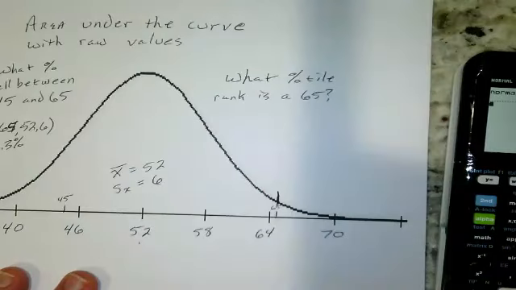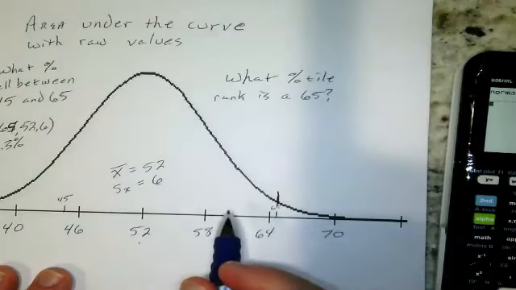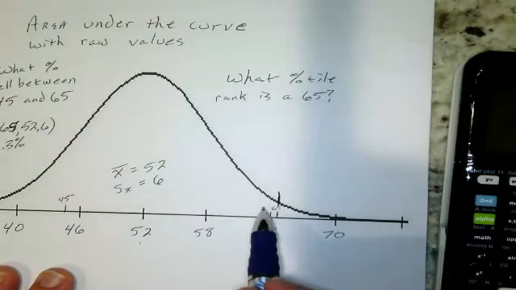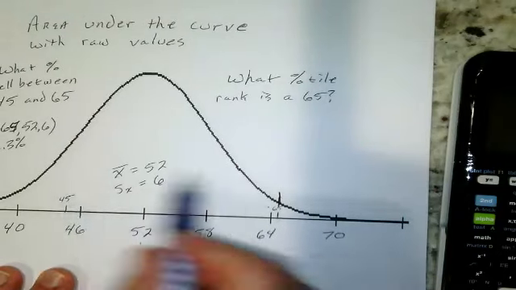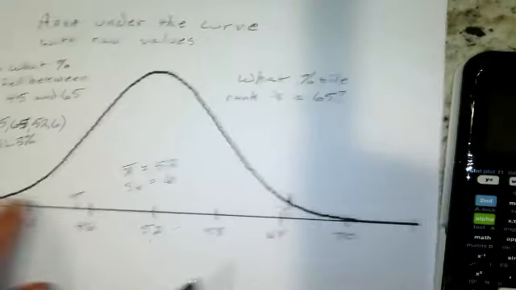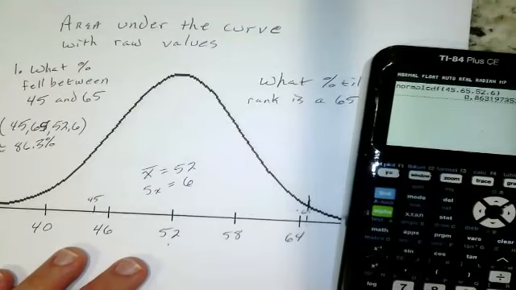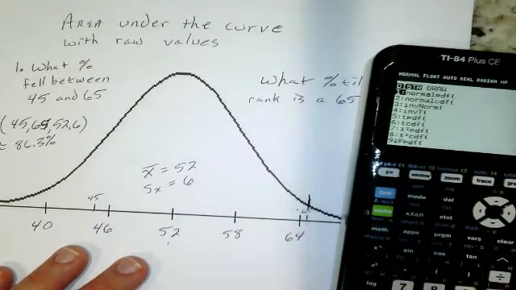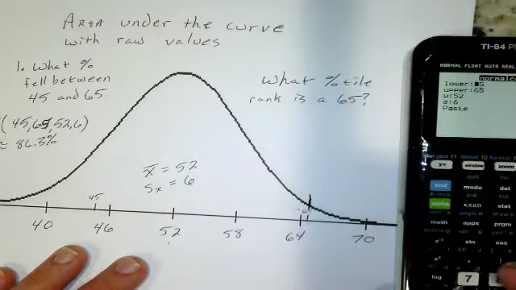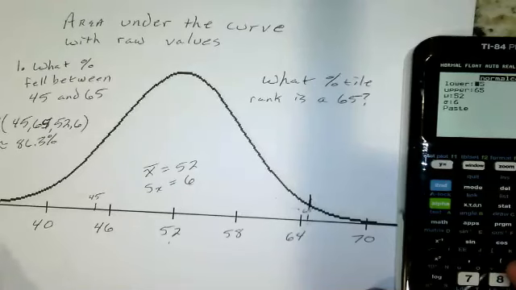Sorry. So we're looking from here to the left. We're not stopping at 45. We're stopping way off over here. See, it's not even showing up on the page. So let's think about, with our normal CDF, what number do we want to put way over here on the left?